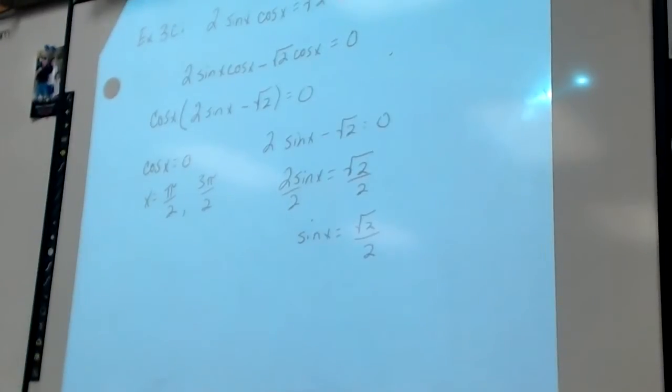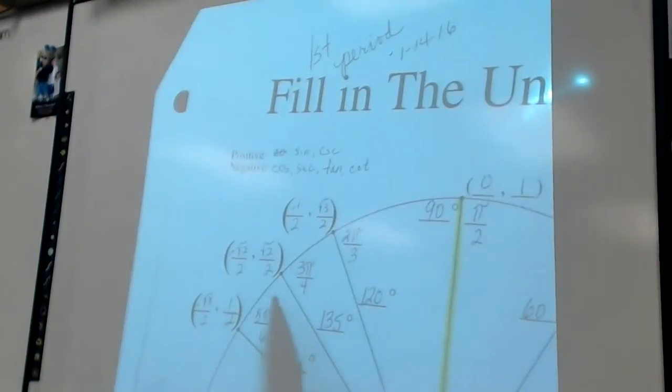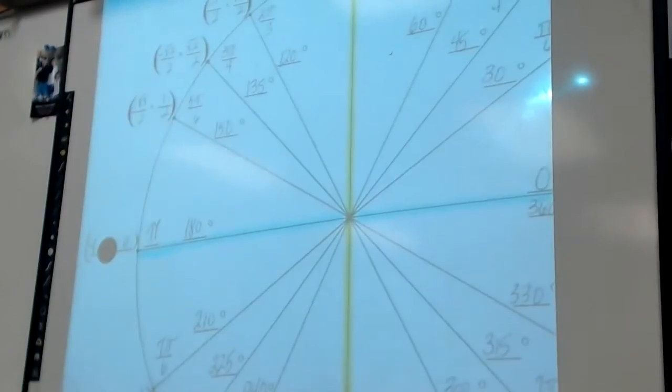So look at your unit circle. Sine is your y value. If you look, you see a positive square root of 2 over 2 at pi over 4 and 3 pi over 4. Down here they're negative.